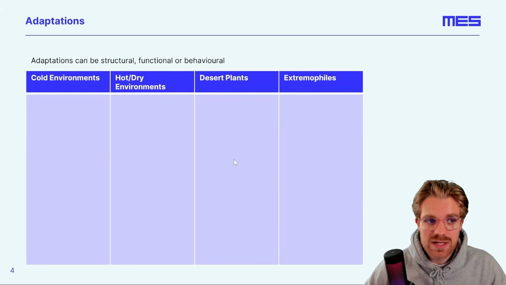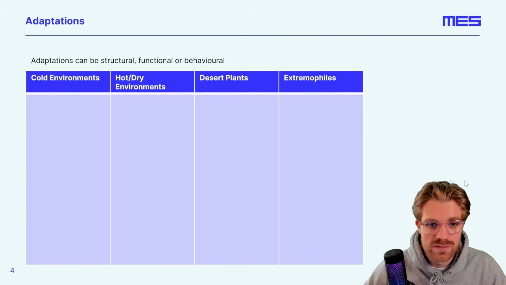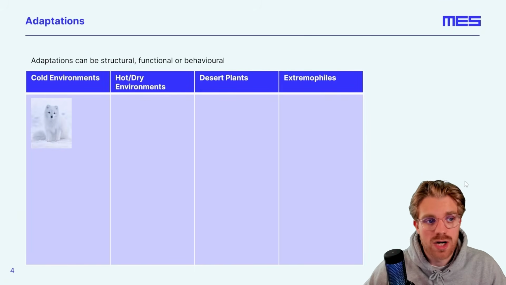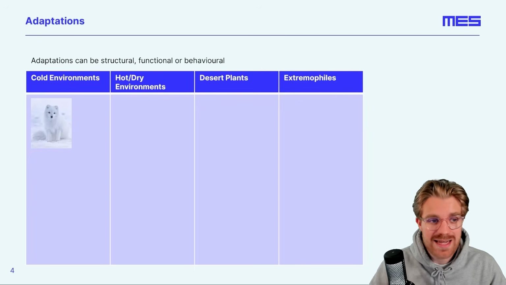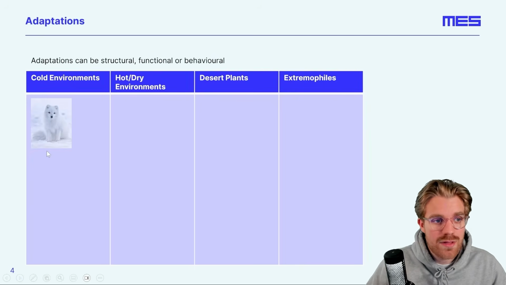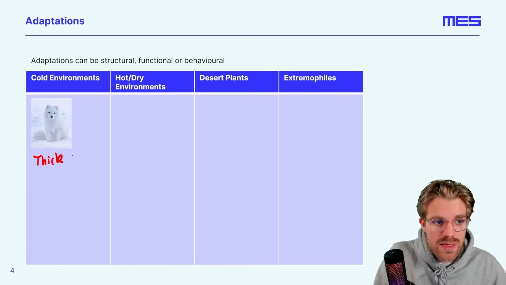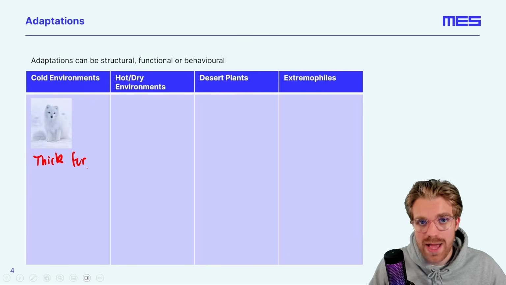Let's look at some specific examples of some environments and how organisms are adapted for those environments. So our first environment is cold environments. Now, organisms living in this environment tend to have thick fur. The thick fur makes them adapted because it reduces the loss of thermal energy.